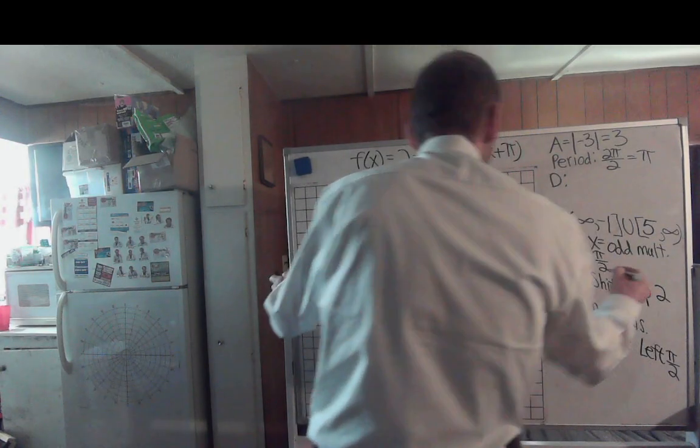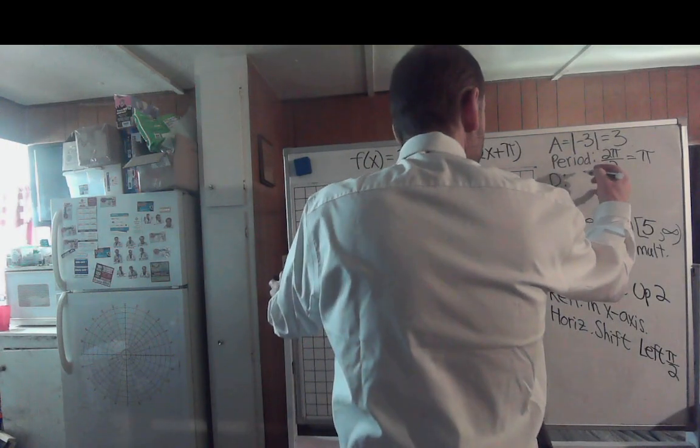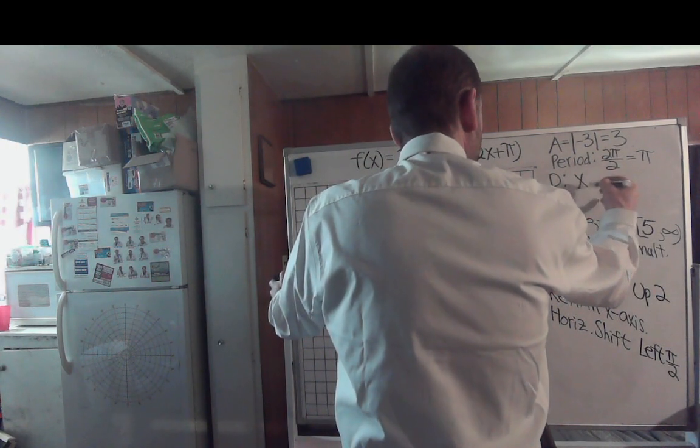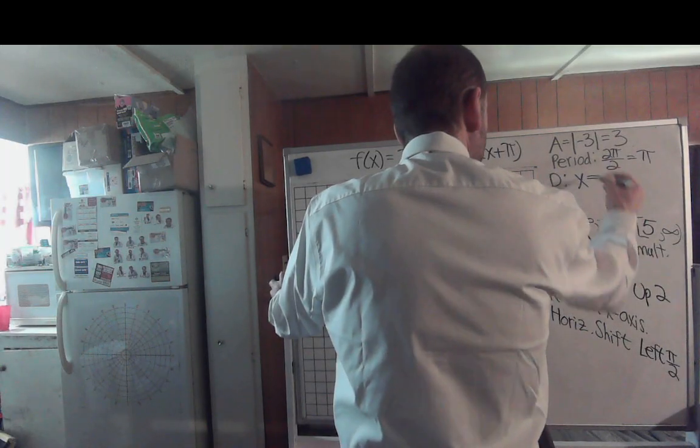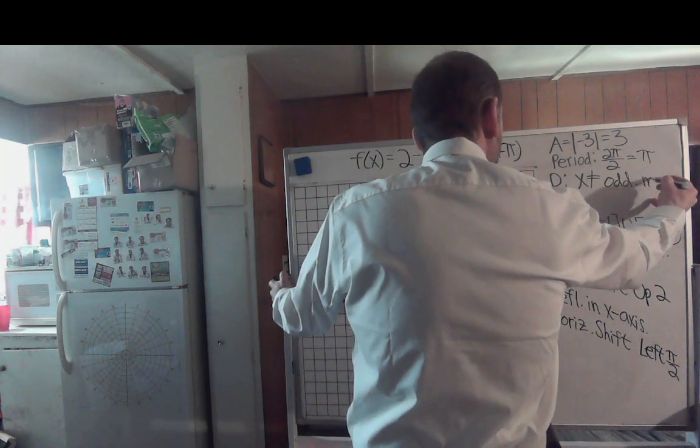So this is almost going to behave a lot like the secant function. So the domain is going to be x not equal to those odd multiples of pi over 2.